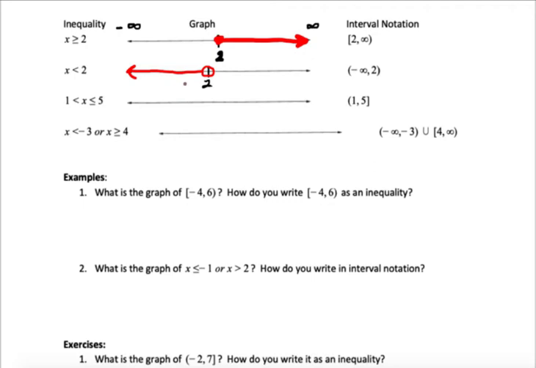If I want to describe that as an interval, I'm going to talk about the interval from negative infinity, remember, this is negative infinity, all the way up to, but not including 2. And we use a parenthesis to say that we don't include it. So I'm talking about any number along here up to but not including 2.